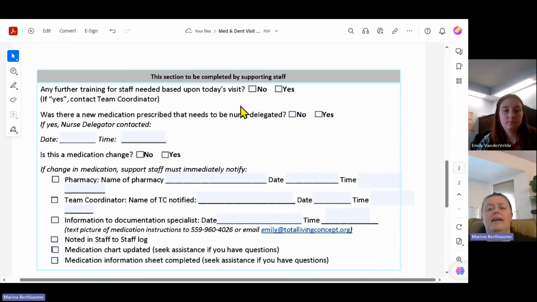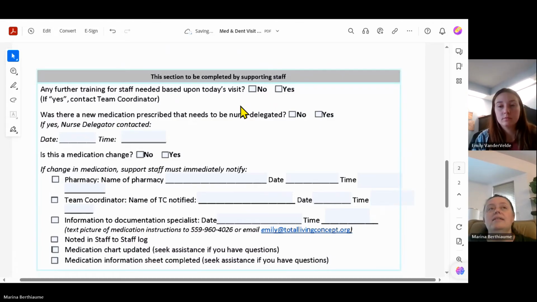But let's say it was a nutritionist and they said, oh, the person you're supporting, the labs are kind of wonky. We think we need to reduce the sodium level of the foods that this person is eating because the hypertension is high.